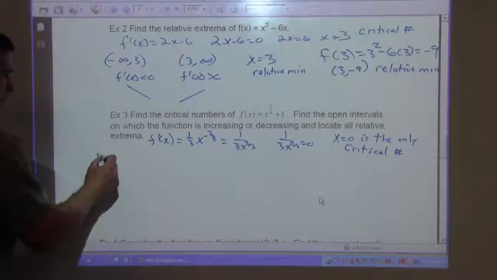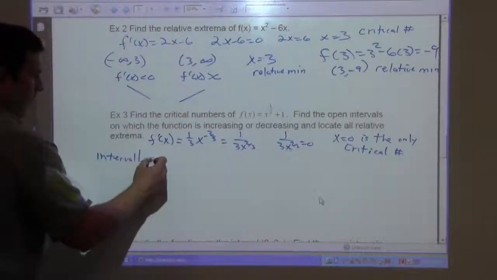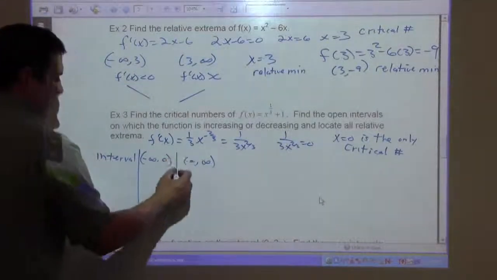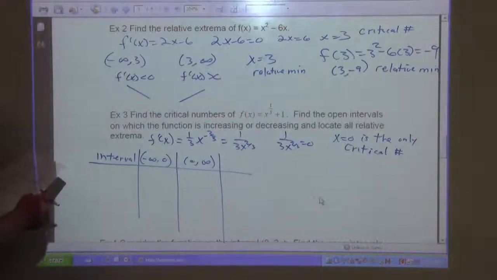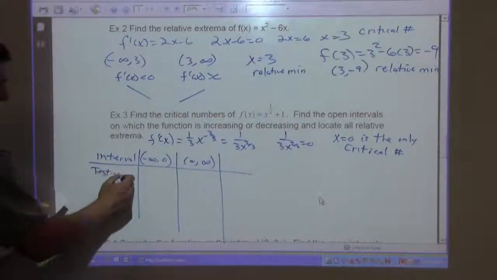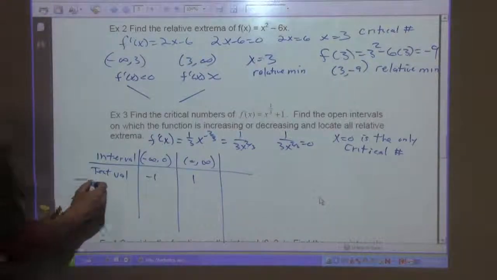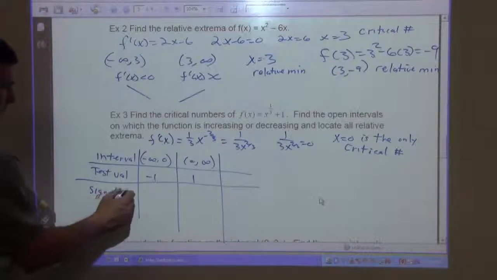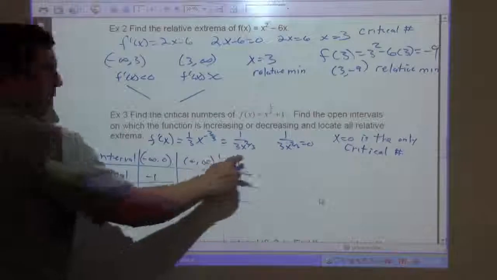So we have our intervals from negative infinity to 0, and then from 0 to infinity. Let's get a test value. I'll use -1 here and +1 there. The sign of f prime of x: we put -1 in here.